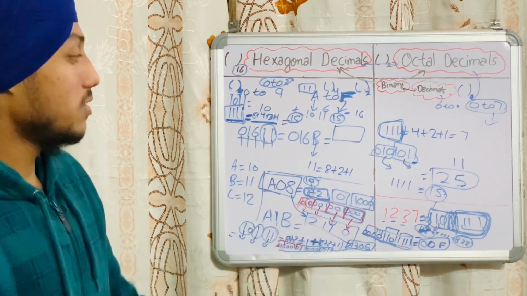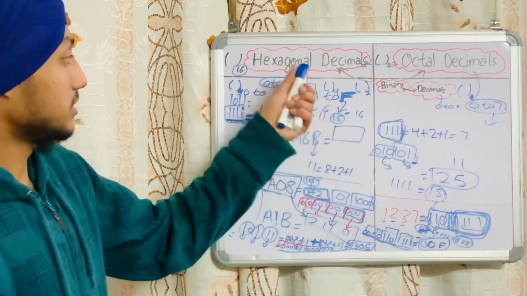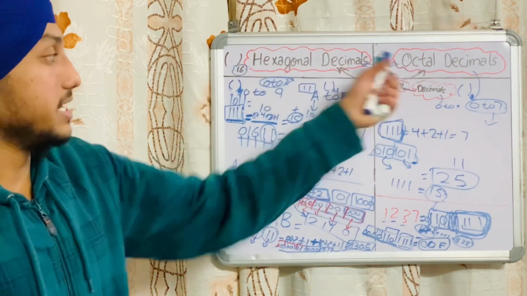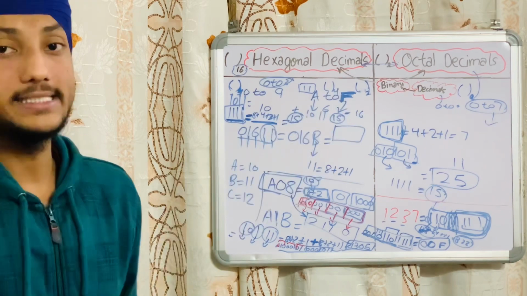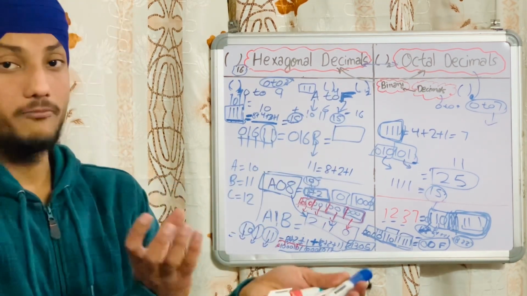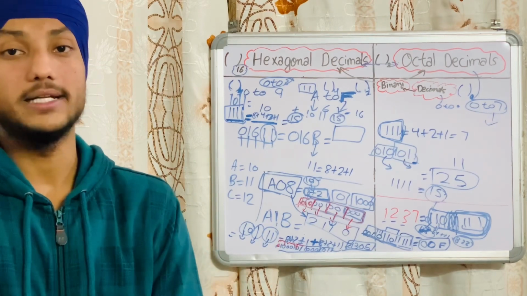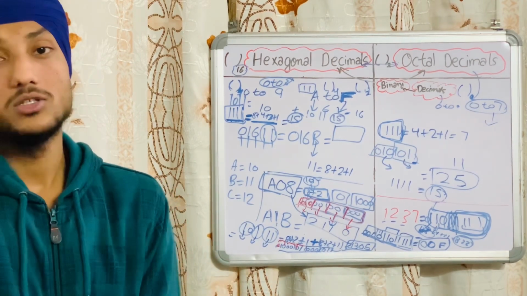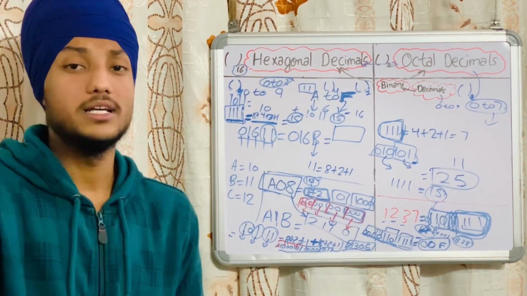So that's how we have made the definitions of 16 and 8. Why do we take 8, 0 to 7? You already know, because we take binary of 3 parts, and that maximum cannot be exceeded.